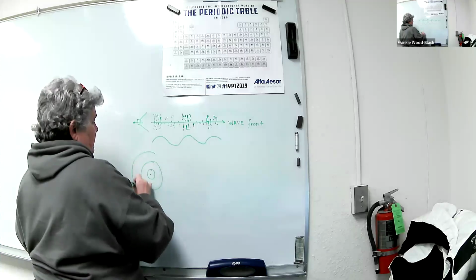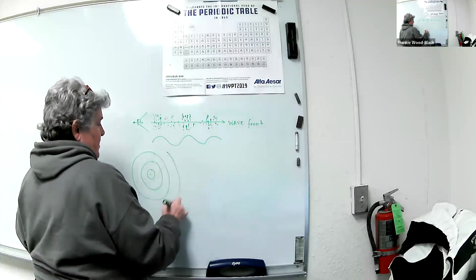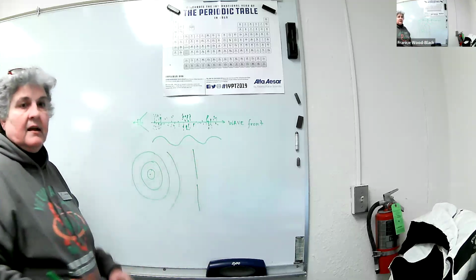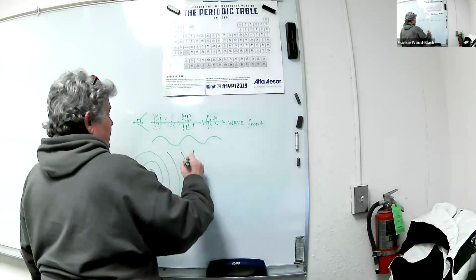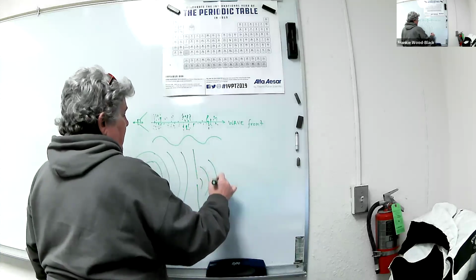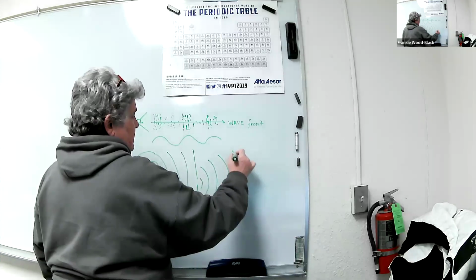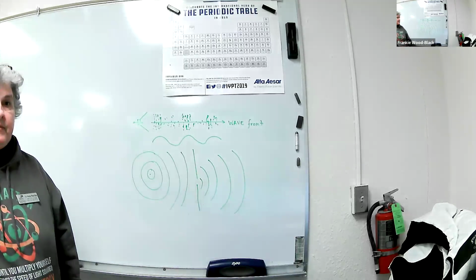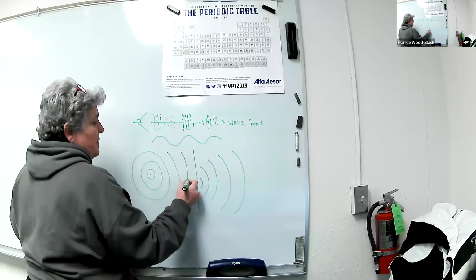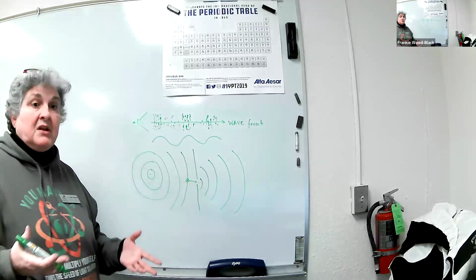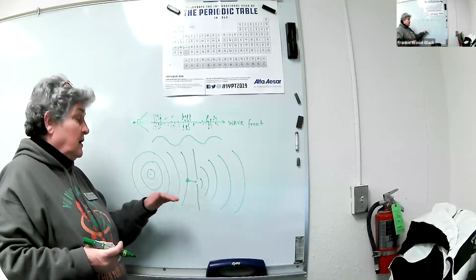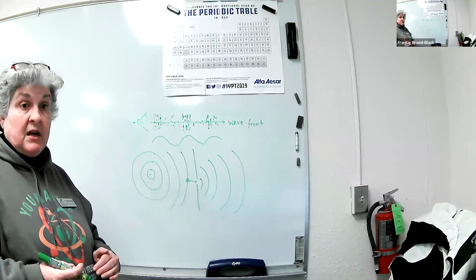We've dropped our pebble into the water, and we're going to come to a gate, and we've seen our water do this. But what happens if I have a block? All of a sudden my water's going to do that. So each point on my wave front can be a source of another wave.